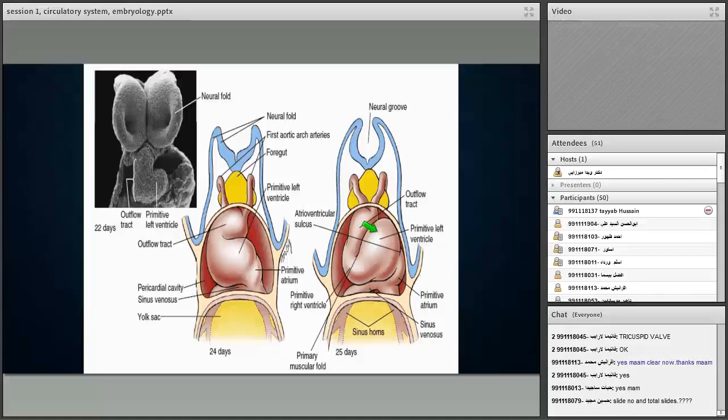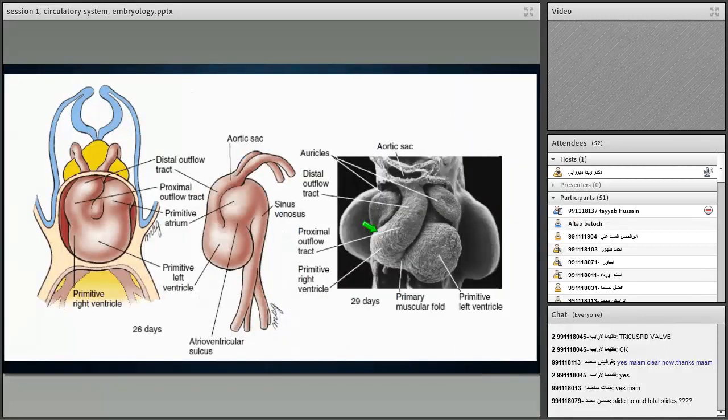I don't know which slide it is. Let me check and tell you.